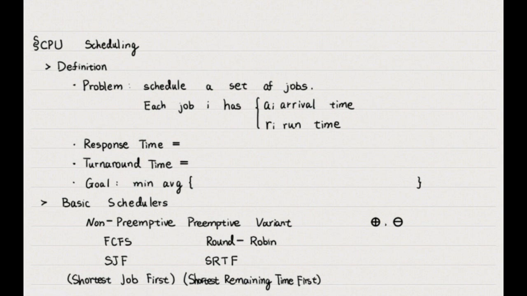For each job i, we define response time, the time between the job's arrival and when the job starts to run. That is, the time that job i starts to run minus Ai.